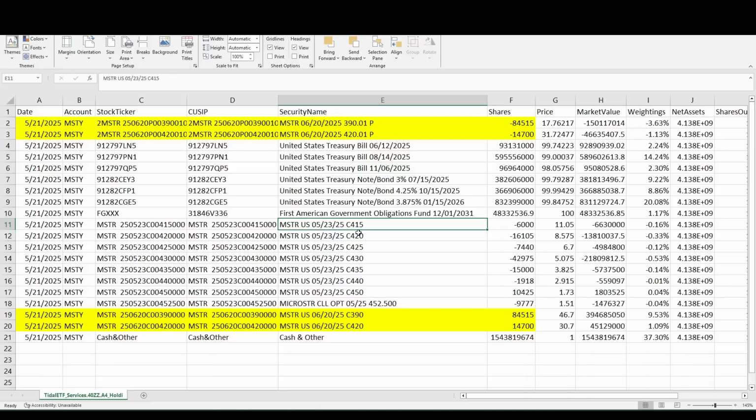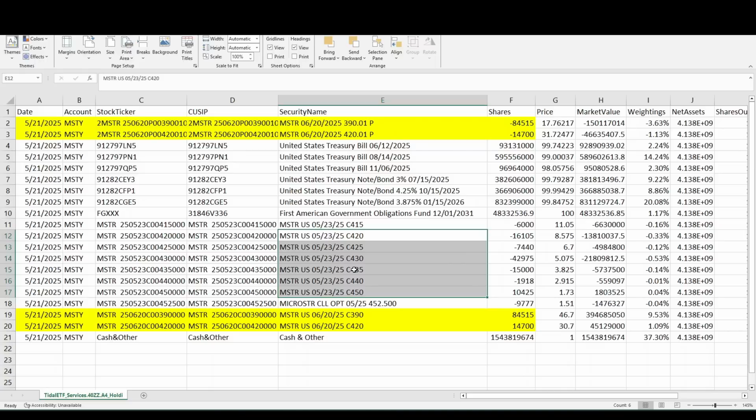If they do close it, they'll have to take a slight loss on it because it did go above their call. But if the 420 all the way up to 450 does not hit, or the price of MSTR does not quite get up to those points, then those will expire worthless by the 23rd.